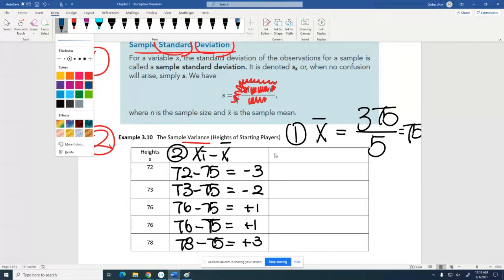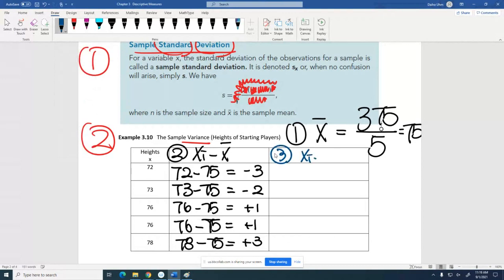Now, step number 3. Already we took the differences. Then now, take the square. Negative 3 square. Please, using your calculator, try to do negative 3 square. You must try.